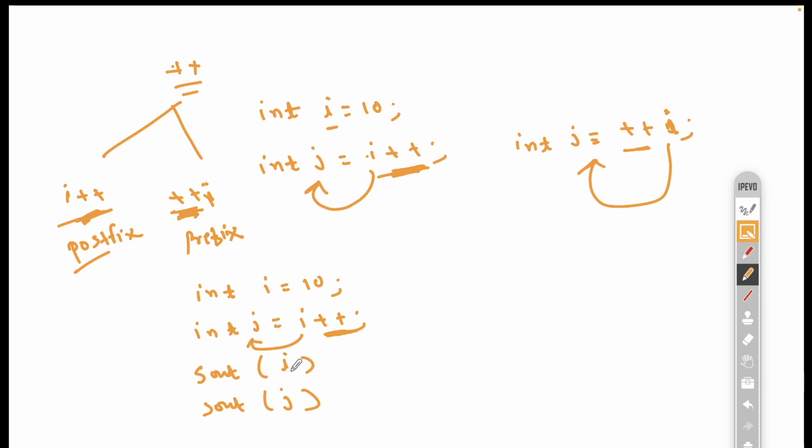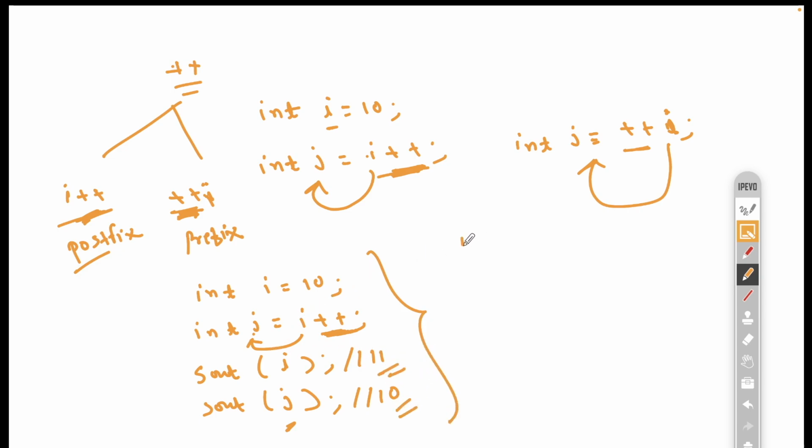That's the reason whenever you print j, the value will be 10. Once you assign the value of i to j, it will increment it by 1. So the value of i will become 10 plus 1, 11. That's the reason when you print i, you will get 11. In this case, the output will be 11 and 10.